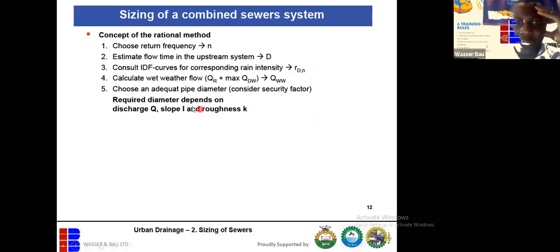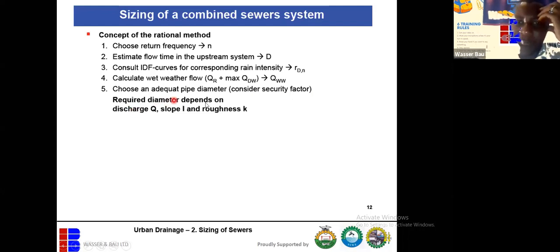So back to what we are saying. After you consult your IDF curve, the next thing you do is calculate your wet weather flow, the wastewater flow, or the runoff, two of them. Then after that, you use your chart, you choose the adequate pipe, considering the security factor.